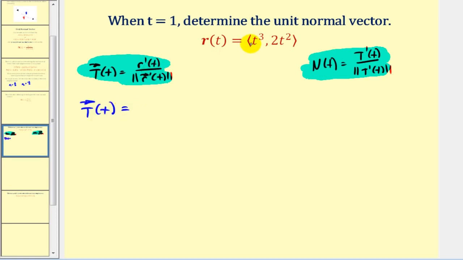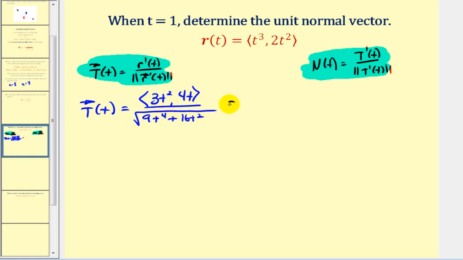So the derivative of r of t would be 3t squared for the x component and 4t for the y component. When you divide this by the magnitude of this vector valued function, we'd have the square root of 3t squared squared, that would be 9t to the 4th, plus 4t squared, that would be 16t squared.